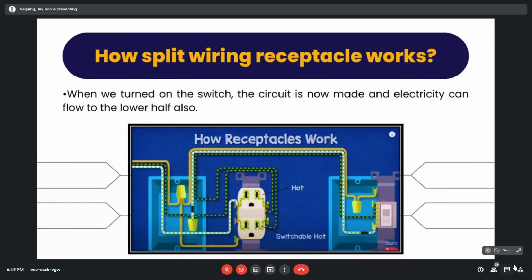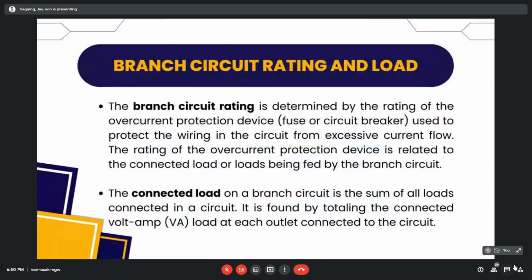So if magwonder mo if ang inyong receptacle isa ra ka buo ka socket ang mo function, maybe that is because ang inyong receptacle is a split wiring receptacle wherein the other half is controlled by switch. So maybe if i-on niyo tong inyong specific na switch, then mo function pod ang other half sa inyong receptacle. So I hope nasabtan ra ang split wiring receptacle.